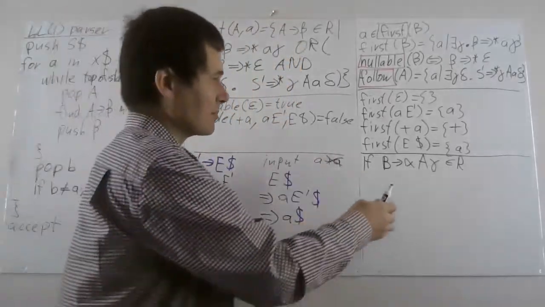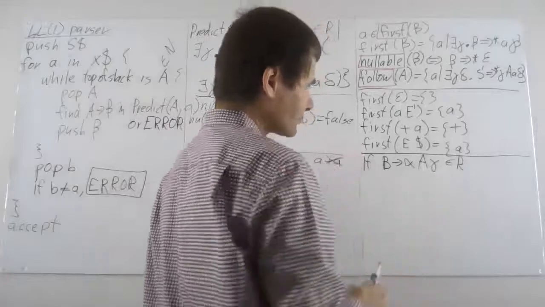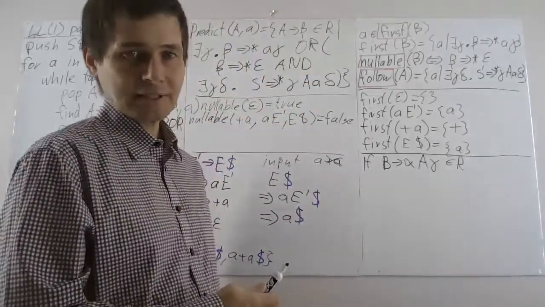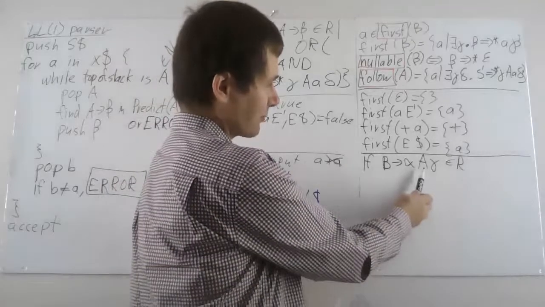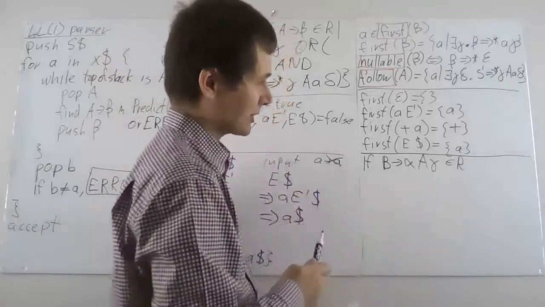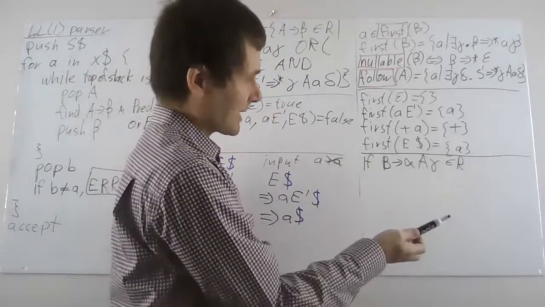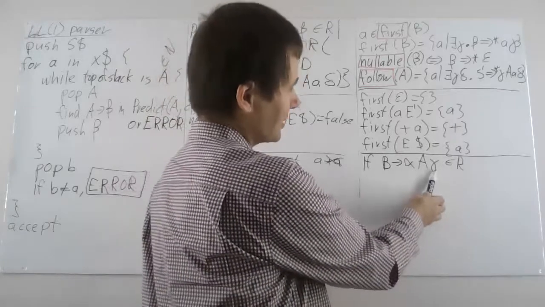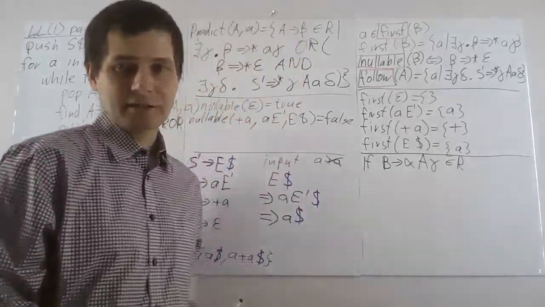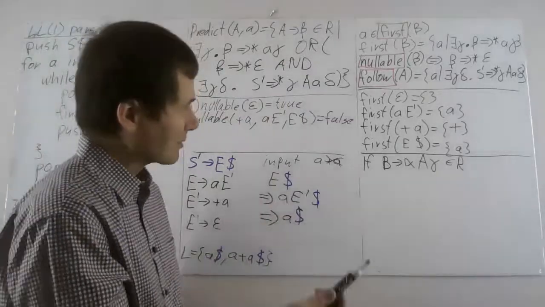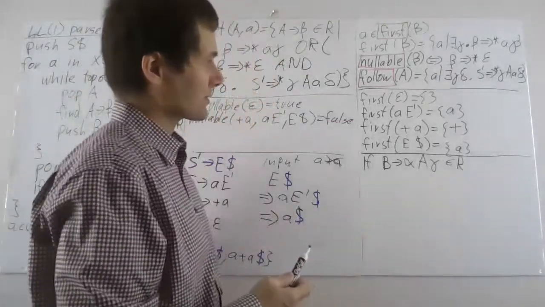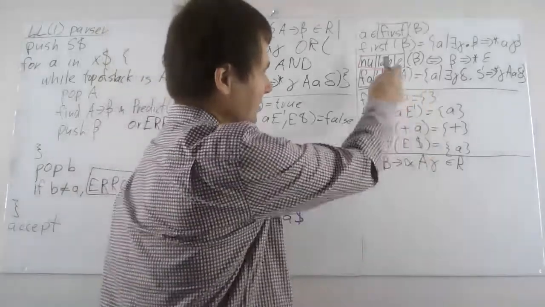And then the gamma might derive something. And what I'm looking for is a sentential form where A is followed by little a. And so that could happen if the gamma derives something that starts with little a. Okay. And how do we know whether gamma derives something that starts with little a? Well, we ask the first sets.